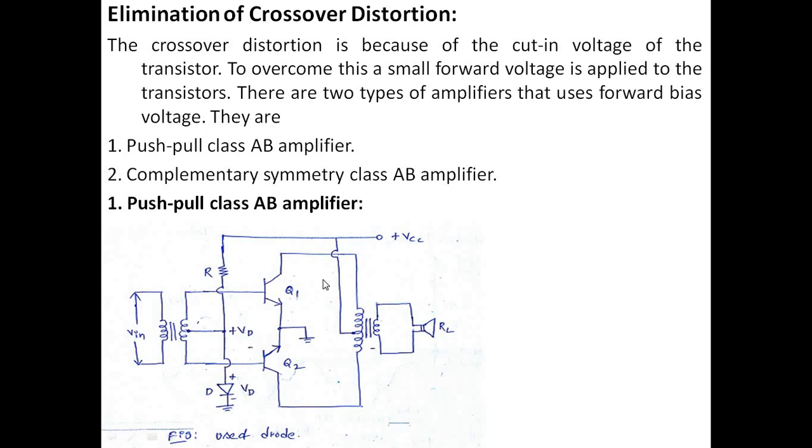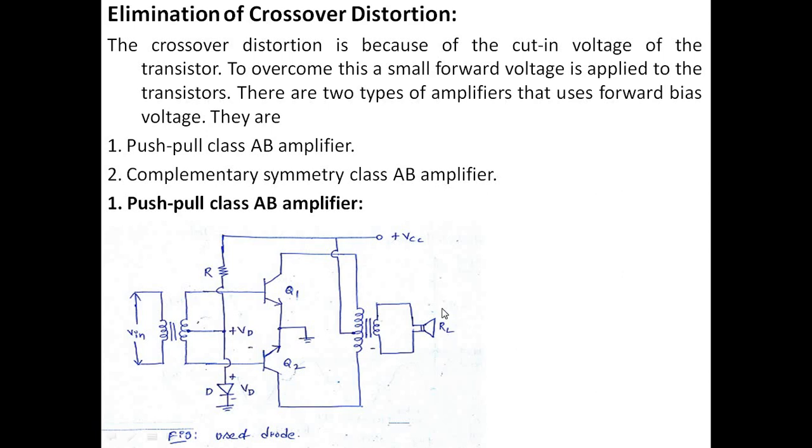And the remaining principle remains the same. For the positive half cycle, transistor Q1 is going to operate. For the negative half cycle, Q2 is going to operate. By applying external biasing, 0.7 volts is already added. Even when the input sinusoidal voltage is 0, the transistor immediately turns on, so there is no distortion on the input side.